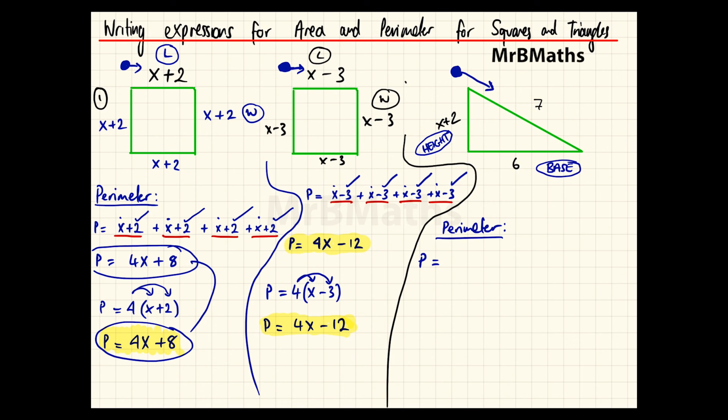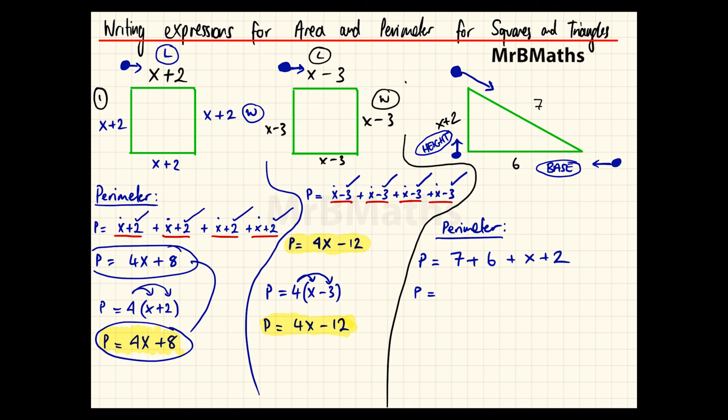So it's 7. I'm now here, and I need to walk across this length, which is plus 6. I'm now here on the last run. I need to go back up to the starting point, which is plus x plus 2. I then need to collect like terms.